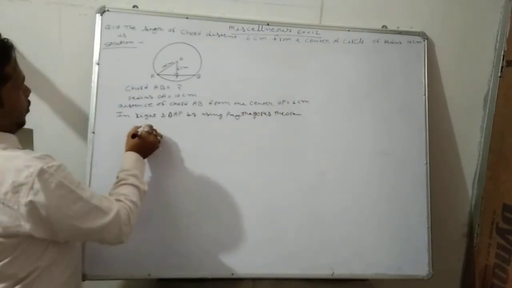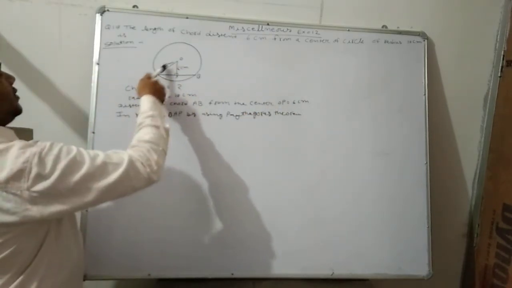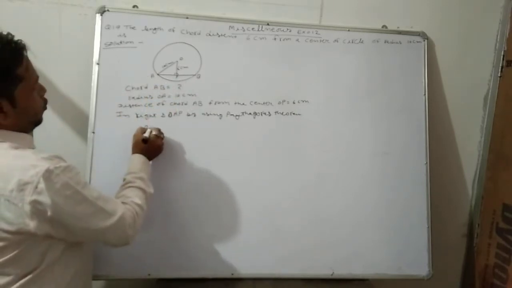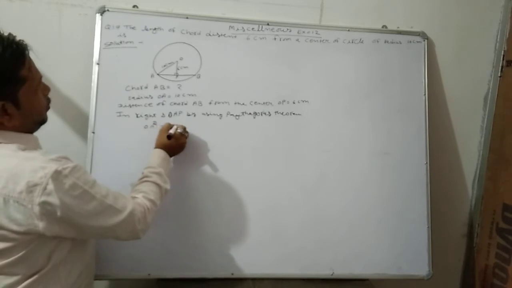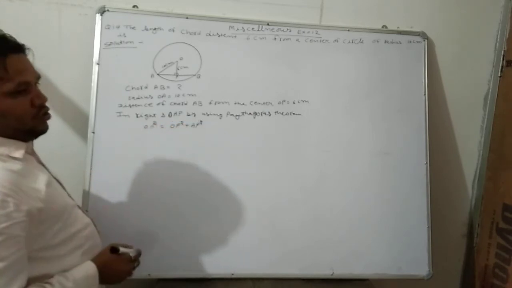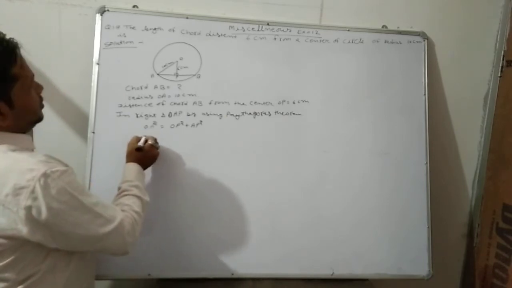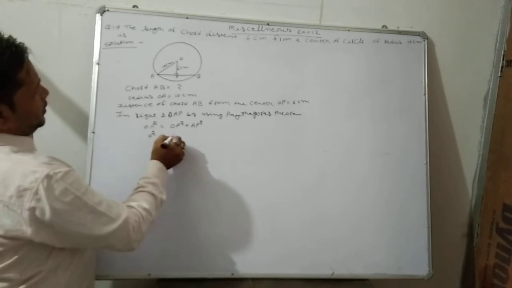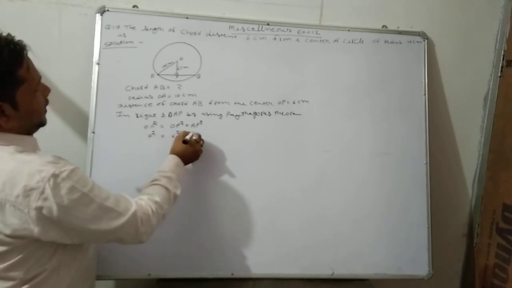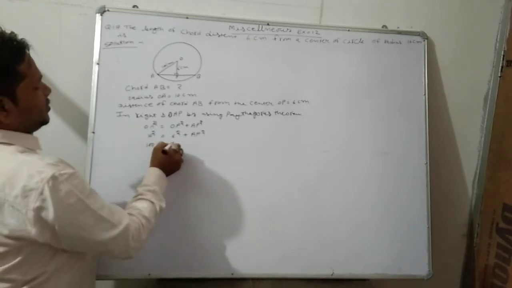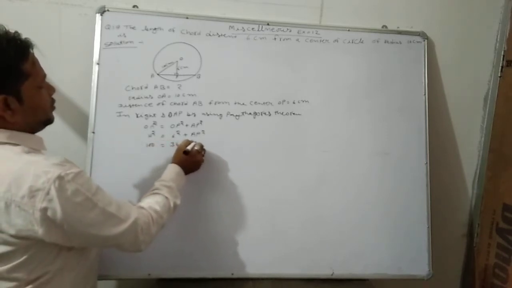this is the hypotenuse because it is opposite to the right angle. OA square is equal to OP square plus AP square. Put the value of all sides. OA is 10, so 10 square is equal to OP 6 square plus AP square. 100 is equal to 36 plus AP square.